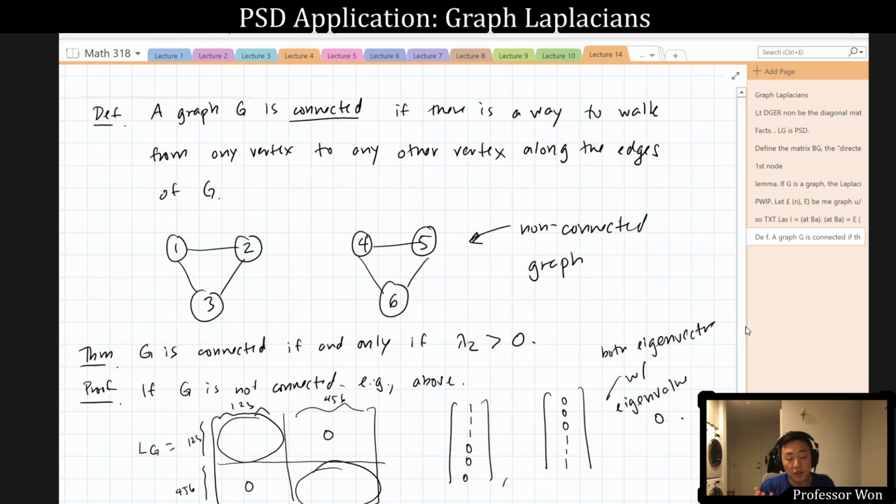If your graph is not connected, you can break the graph Laplacian into two blocks, and you can find an eigenvector for each of those blocks. That says that the geometric multiplicity of the eigenvalue 0 is more than 1, which means that the second eigenvalue is 0.